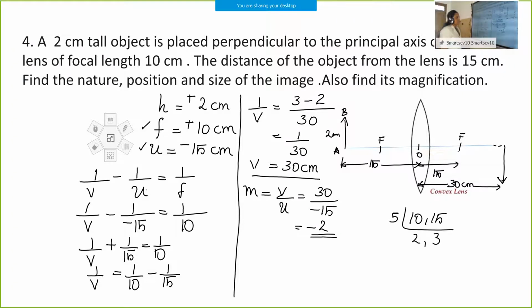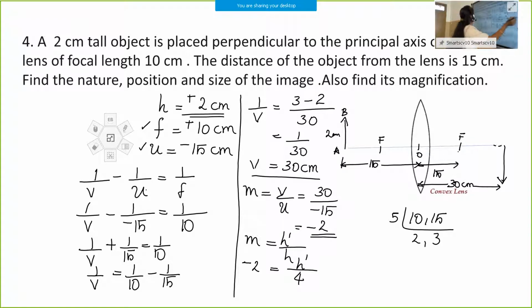And size of the image, how will you find out the size of the image? Magnification, M is equal to height of the image divided by height of the object. So, magnification is minus 2. It is equal to height of the image divided by height of the object. It is given as, it's not 4, it is 2.